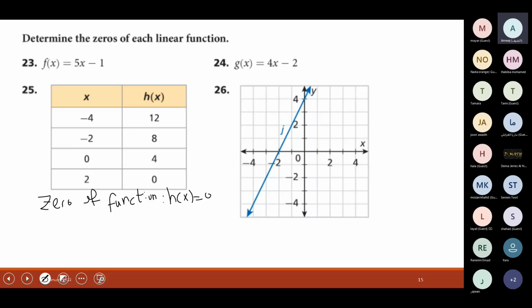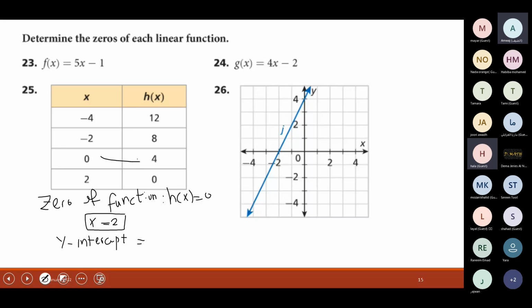Now, where is h of x equals 0, Hala? Where's the value where h of x equals 0? At 2. Bravo. So we will say the 0 of the function is when x equals 2. Where is the y-intercept now? At 4.